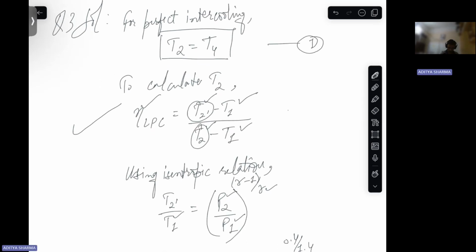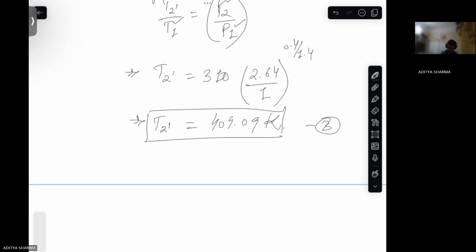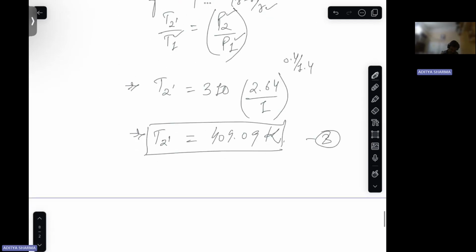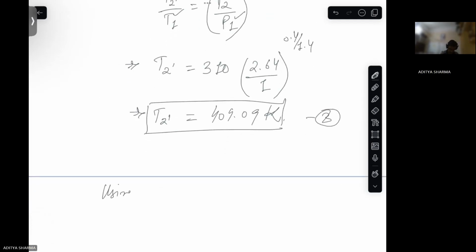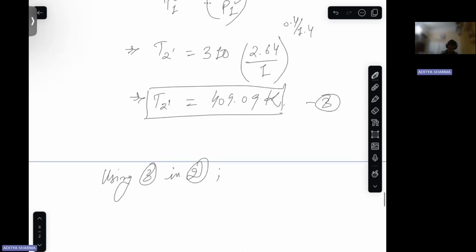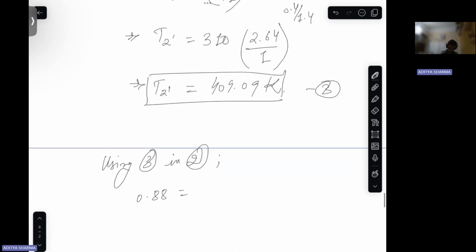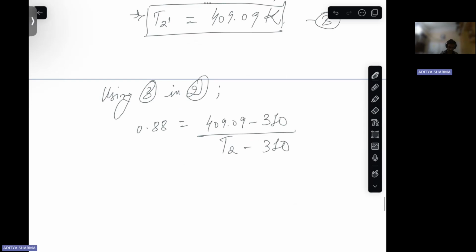Using 3, 0.88 is equal to T2 dash minus T1 divided by T2 minus T1. From here, we can calculate T2.